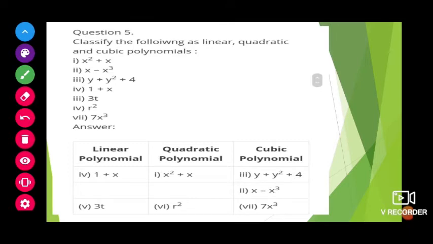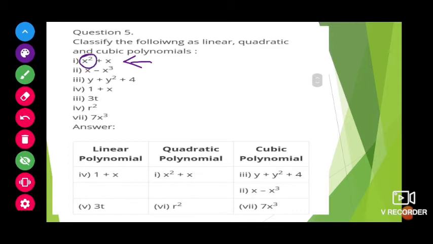Now, question number 5. Classify the following as linear, quadratic and cubic polynomials. I taught you. Linear polynomial means the maximum degree 1, quadratic maximum degree 2. So what is the maximum degree here? It is 2.